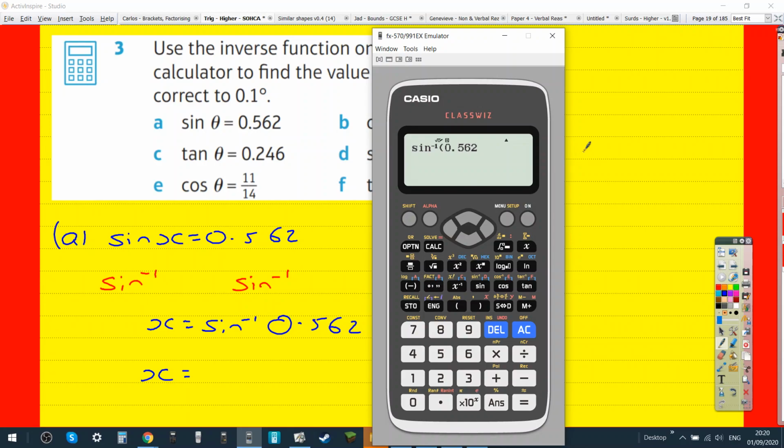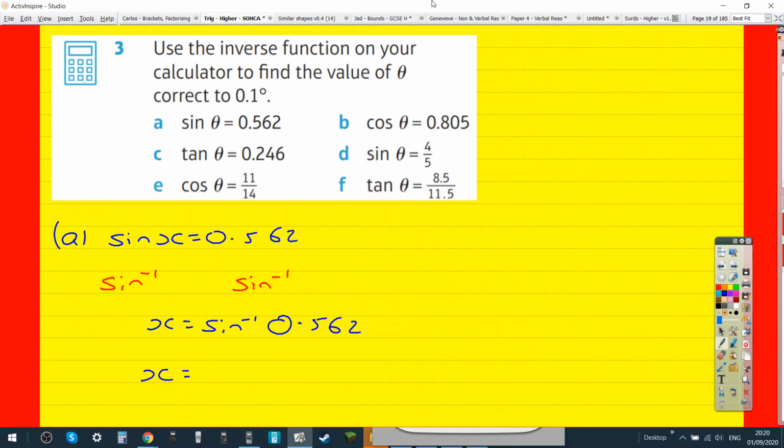Yeah, 1 decimal place. 34.2. Well done. So the sine of an angle is 0.562, like some of the stuff we were doing earlier, and the original angle was 34.2. Okay, how about part B?